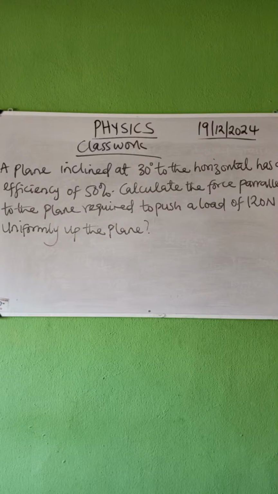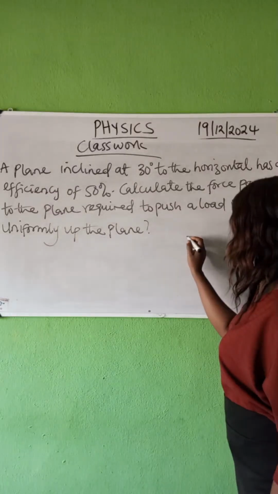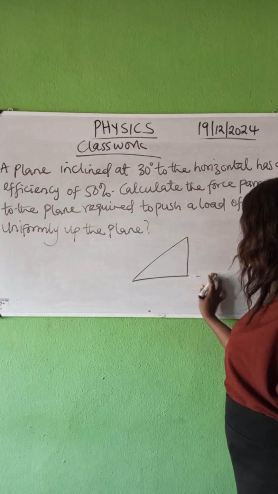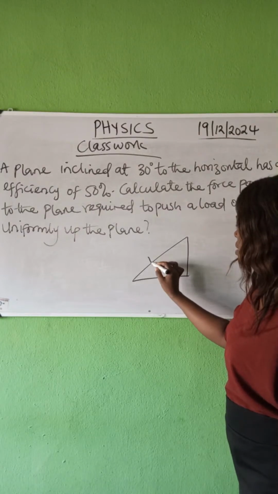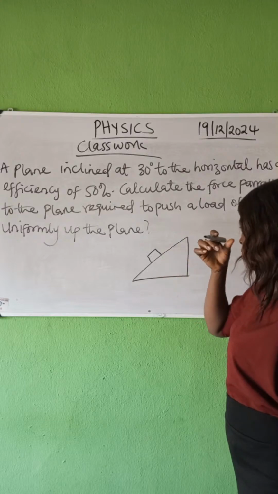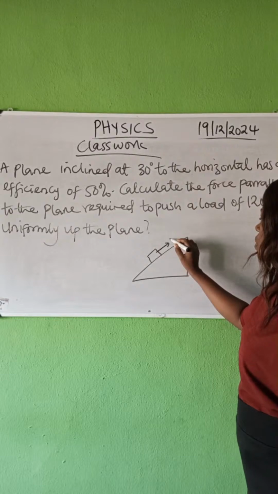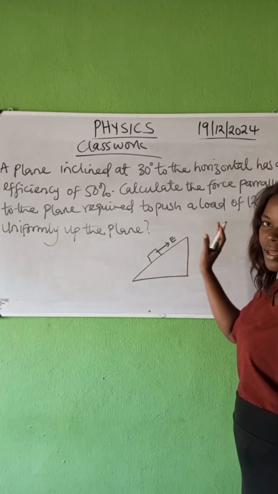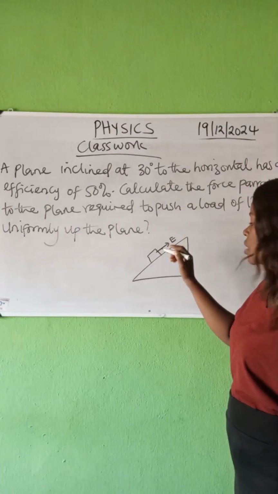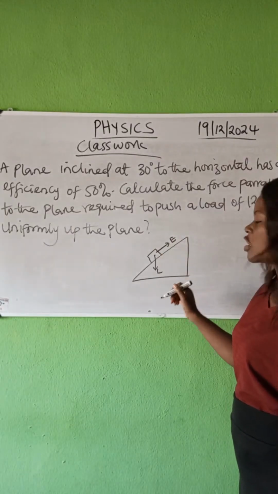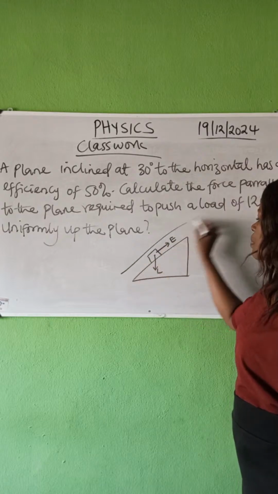In the diagram, we have this, and we have this. This is the object that we are pushing uniformly up the plane. This is my effort. This is my load acting down. This is the plane.